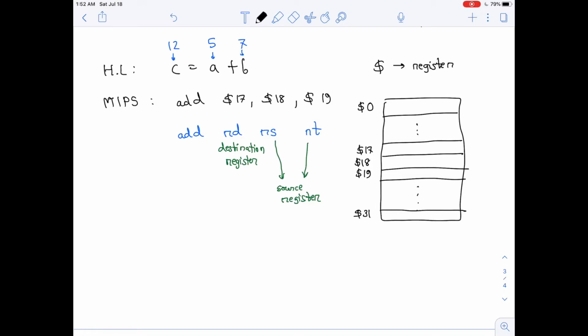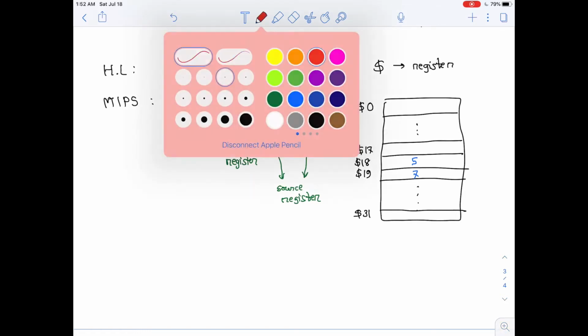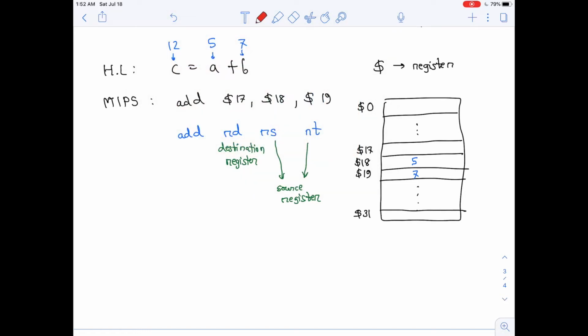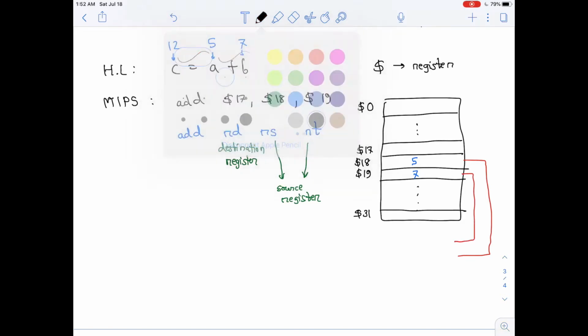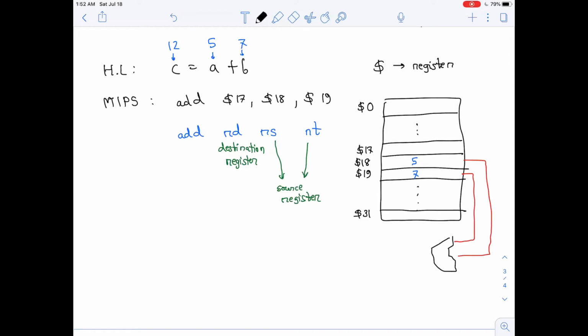So suppose $18 had the value of 5, $19 had the value of 7. We talked about ALU before. So that was a pretty horrible attempt at drawing an ALU.